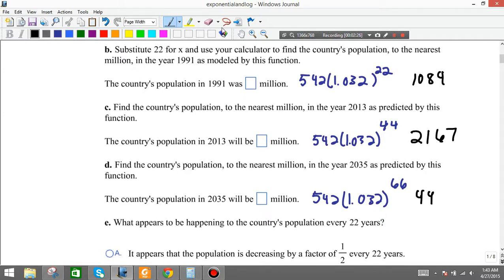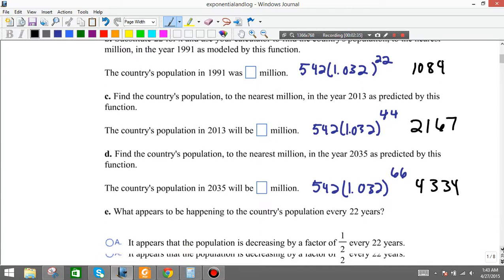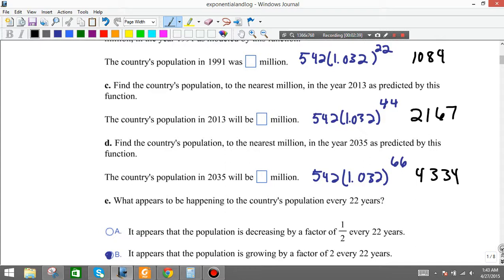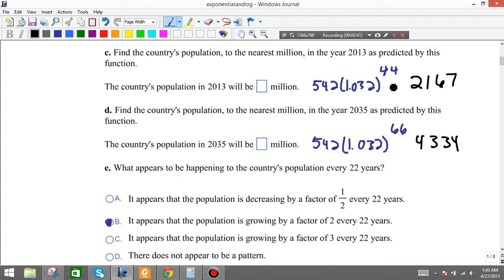I'm sorry, 4,334. And so it looks like from year to year, the population every 22 years is doubling. And so it appears that the population is growing by a factor of 2 every 22 years.